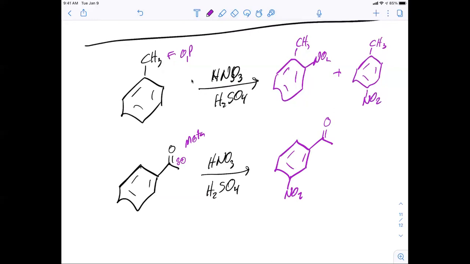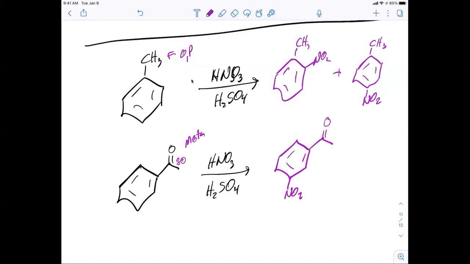Okay, one of the things that students can get backwards is, what is the directing effect of a nitro? Nitro is a strong withdrawing group. It is a meta director. What do you think students do as a mistake? Instead of looking at the group that's attached, they look at the group that is being added. The group that is attached directs the group that's being added. The group that's being added has no control over where it's going to be added.